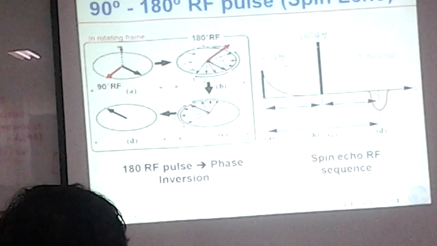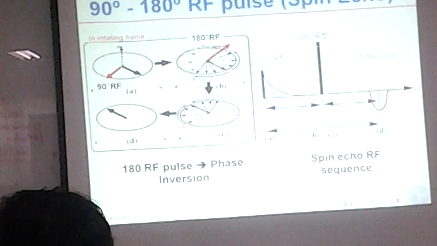just after the 90-degree RF pulse, the equilibrium magnetization flips to the transverse plane like this. The red arrow is the RF pulse P1 field. So due to the 90-degree RF pulse, equilibrium magnetization flips 90 degrees to the Y prime axis.